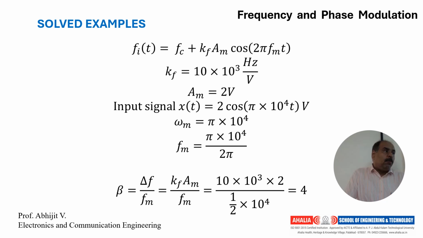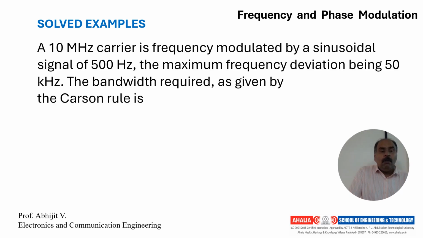Shall we do the next problem? Any queries? The next problem: a 10 megahertz carrier frequency is modulated by a sinusoidal signal of 500 hertz.